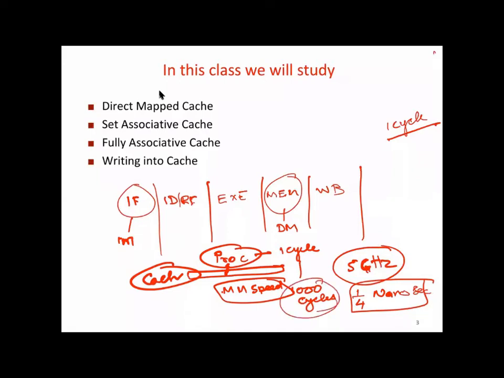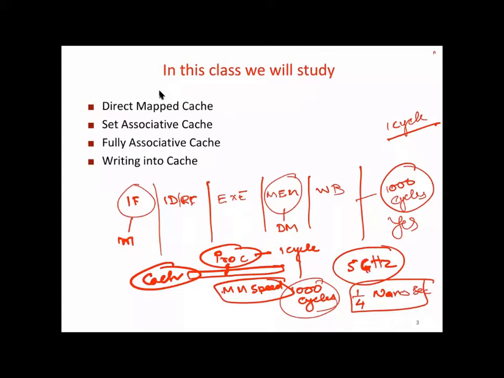So does it mean that the processor has to wait 1,000 cycles? Yes. So if the processor has to wait for 1,000 cycles, imagine what kind of penalty it has. A huge amount of wait time. So the whole pipeline has to be stalled, and that's not a good thing.